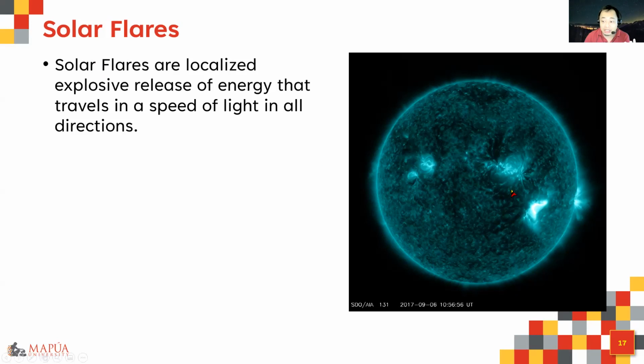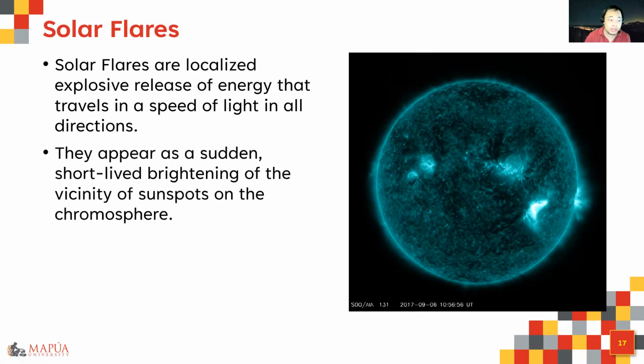These are localized, so usually they are associated with an active region, and they appear as a sudden, brief, short-lived brightening of the vicinity of the sunspot. Okay, so if we're going to graph that light, it will start with a very sharp increase in electromagnetic radiation, and then a relatively gradual decrease.